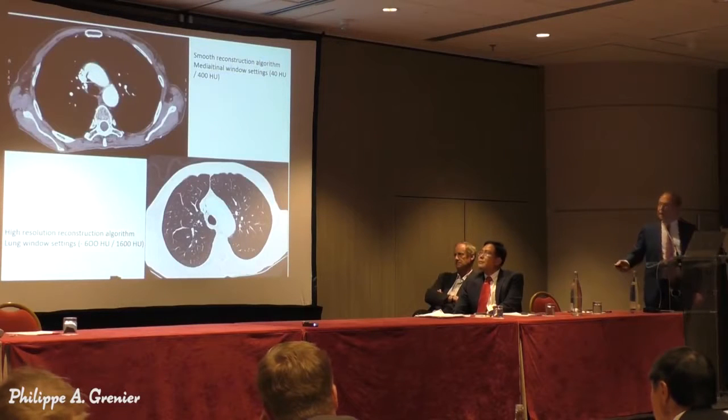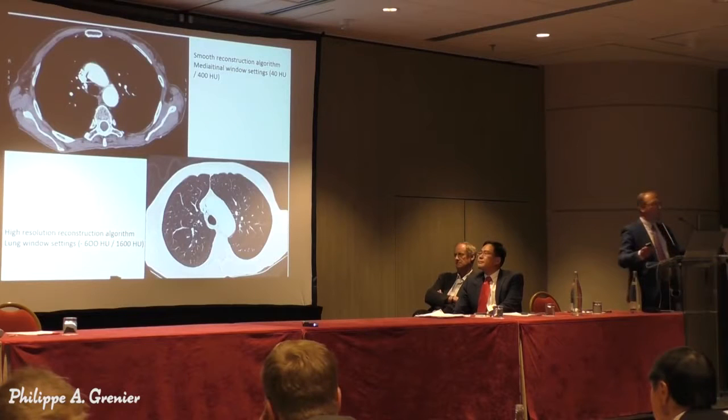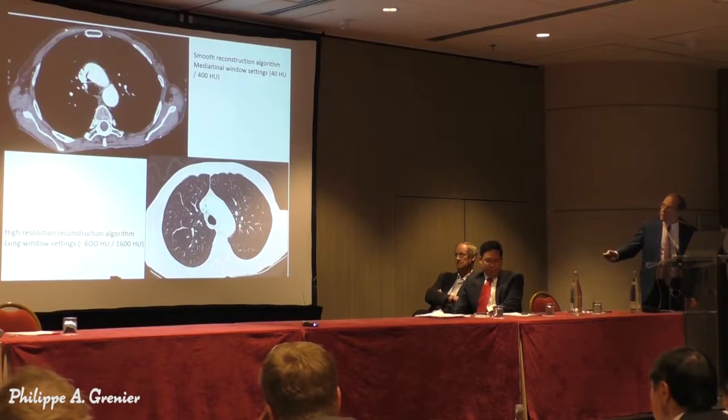And for the chest, for instance, we reconstruct the images in two ways. The first is a smooth reconstruction algorithm permitting us to evaluate the mediastinum. We use the mediastinal window settings, where you see the good contrast between the fat in the wall and the bones.